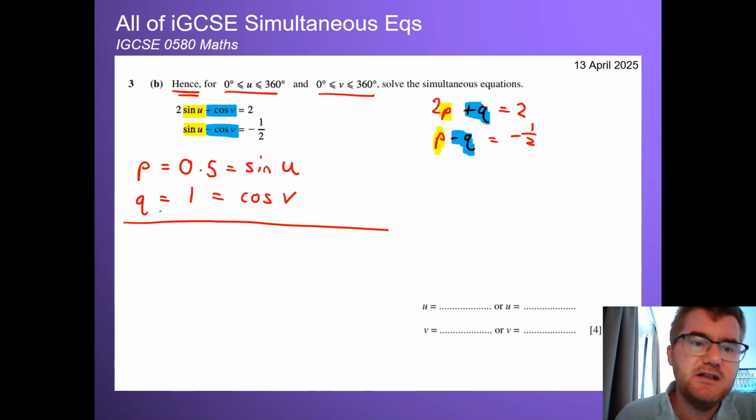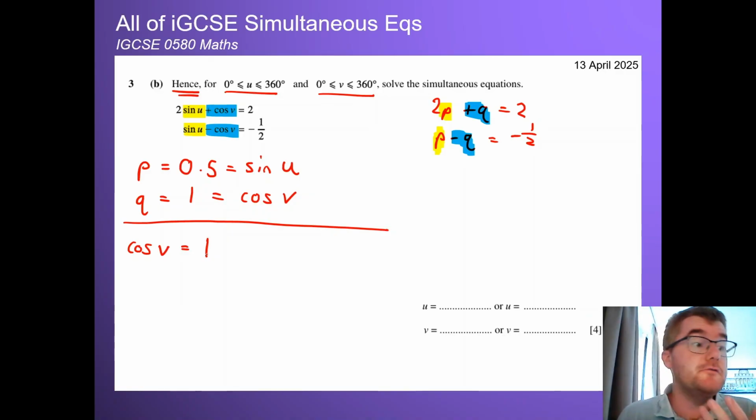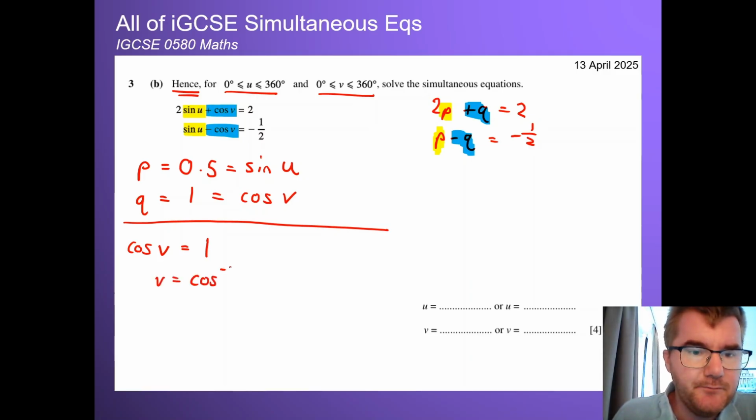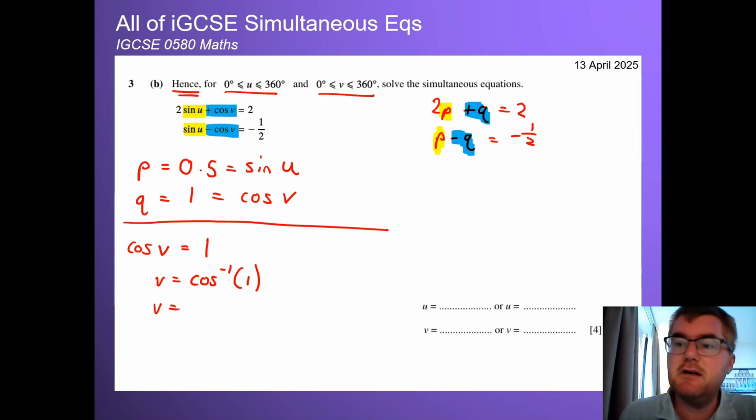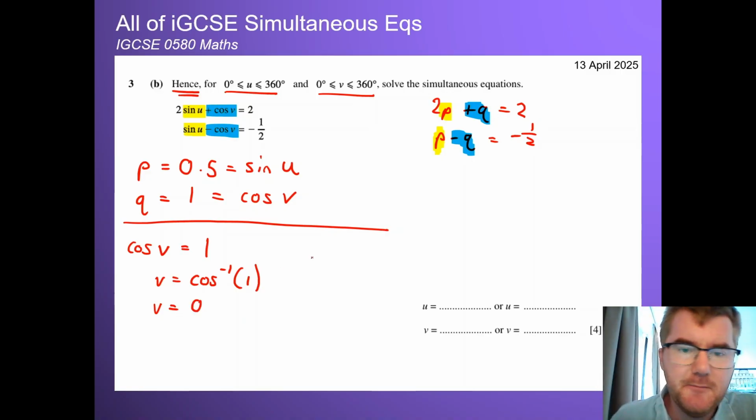So let's start with the easiest one. Cosine of v is equal to 1. Again, to solve trig equations here, we just need to find the inverse. So the opposite of cosine is inverse cosine of 1. And if we put that into the calculator, again, we actually get 2 answers here. If we think of the graph, we get 0 because the cos graph starts at 0.